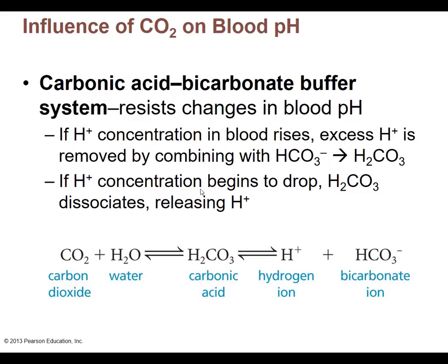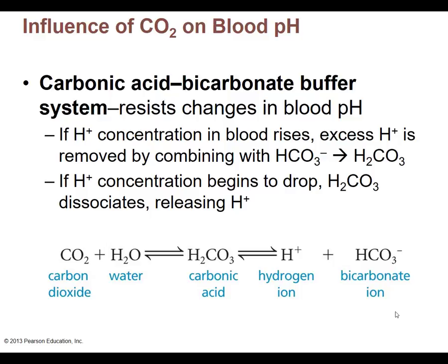Now, the carbonic acid bicarbonate buffer system. Here's your carbonic acid bicarbonate buffer system. Because of this hydrogen ion that we have right here, and because this equation can go back and forth, this allows our body and our respiratory system to control our body's pH.